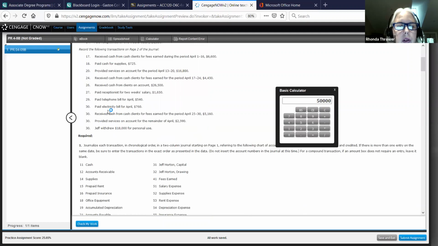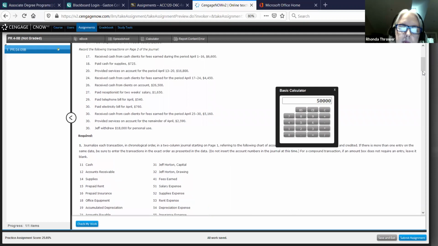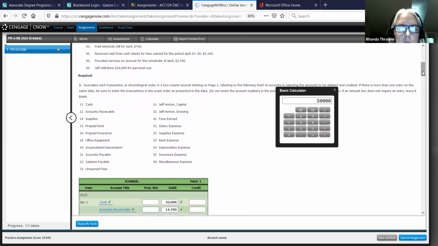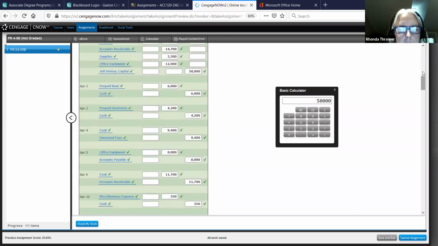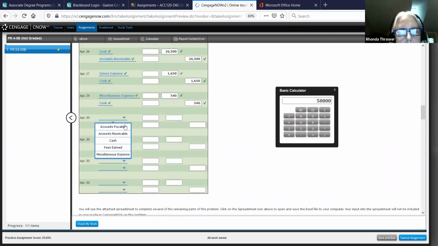It's the first one where we're paying an electricity bill. And that would be some type of utilities expense. But again, here I don't see utilities. I don't see anything that we could put that in. So I guess we'll just throw that in miscellaneous too. So again, you could have used utilities if you wanted to. But in this case, they just threw it into miscellaneous, I believe. So let me see what they've got down here for us to choose from.